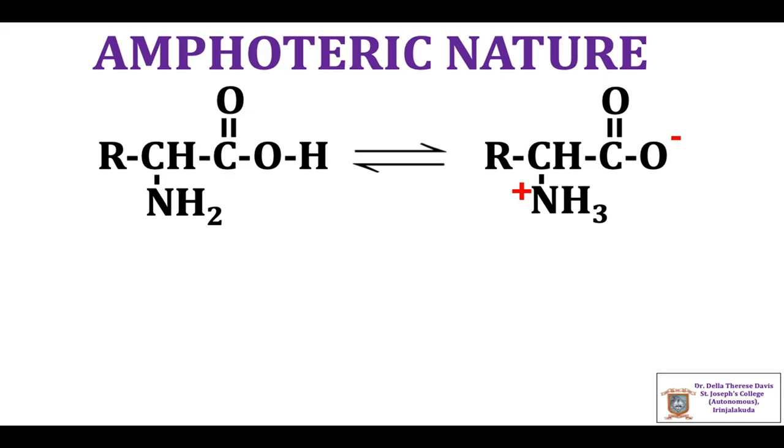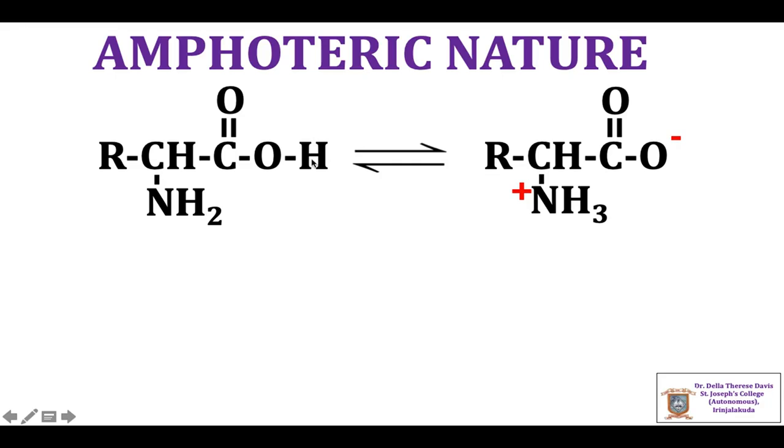Due to the presence of an acidic and basic group in the same molecule, alpha amino acids exist in an ionic form. This ionic form is called zwitter ion or dipolar ion. In the zwitter ion or dipolar ion, the hydrogen of the COOH group is transferred to the NH2 group.